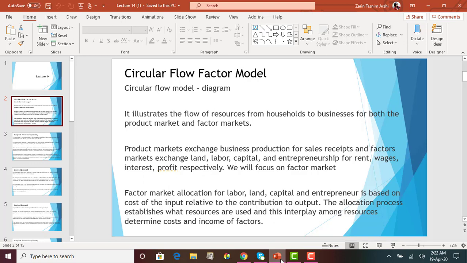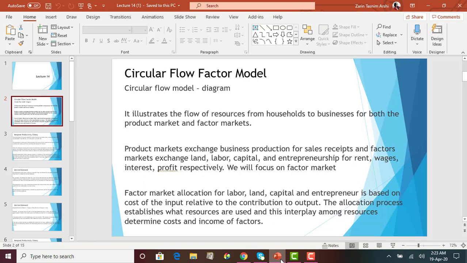The allocation process establishes what resources are used, and this interplay among resources ultimately determines the cost and the income to the factors. So this allocation process ultimately determines your income. If labor is contributing more toward a product, then labor will receive more income than capital. Let's say, in order to make a water bottle, 60% of the contribution is by labor and 20% is by capital owners.